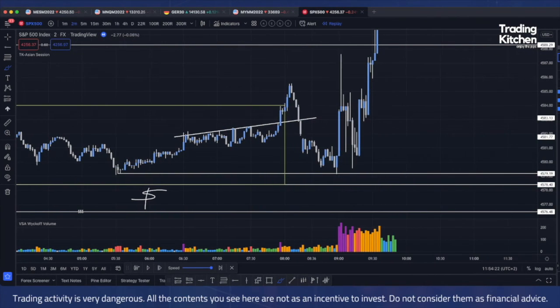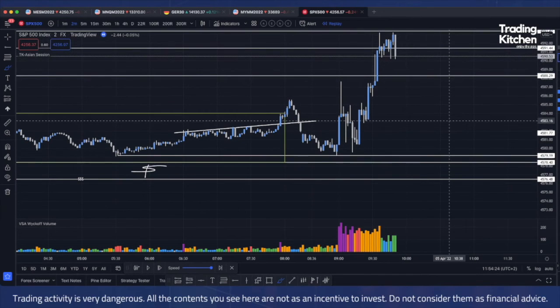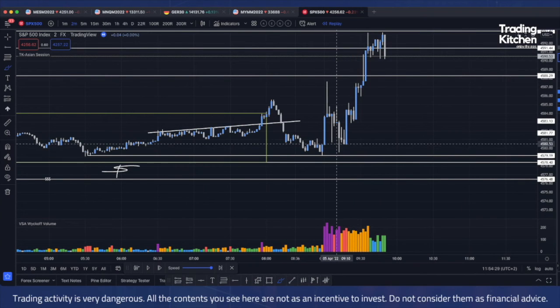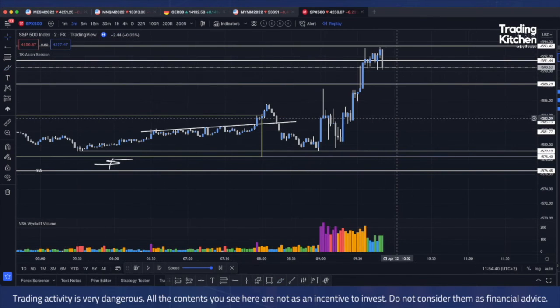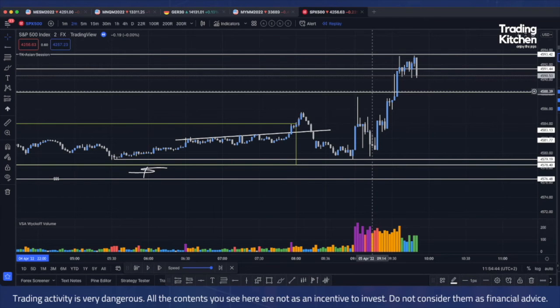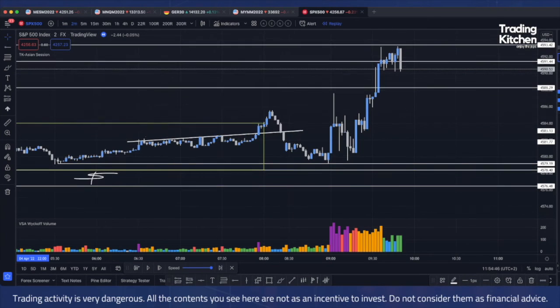So we are long. I didn't take any trade here, but I will probably wait for the clear setup. So price took this liquidity.